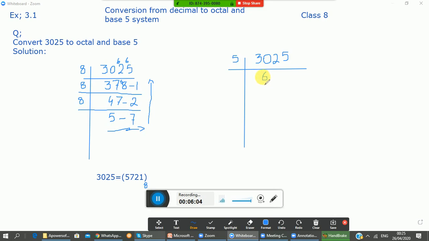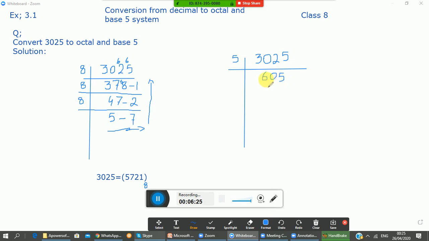5 6s are 30. Now 2 is not divisible. Okay, 2 is not divisible, so you will put a 0 here. Now combine the next digit. So it becomes 25. 5 5s are 25.